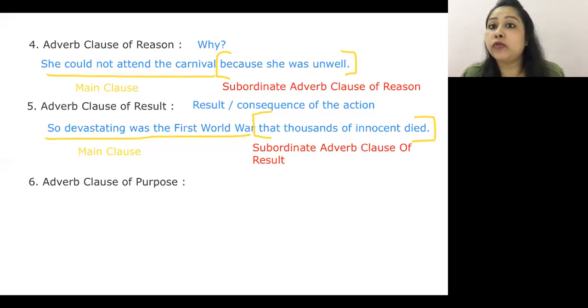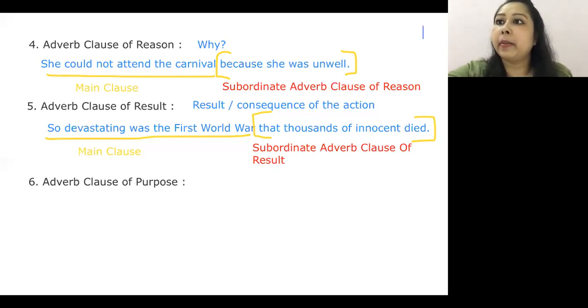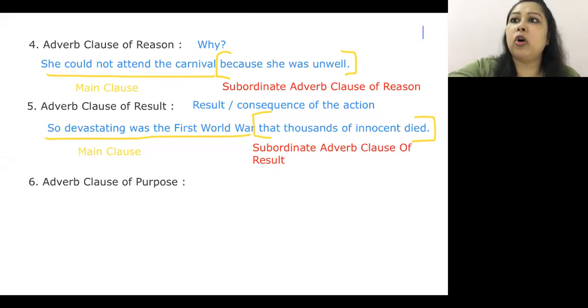I am not focusing on how devastating. I am focusing on what happened if it was so devastating. What was the result? The result was that thousands of innocent died. I hope I answered your question.